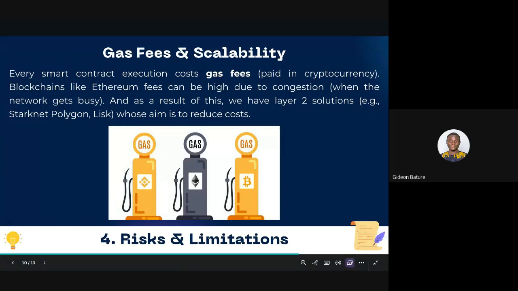All right. So quickly, let's look at gas fee and scalability. Every smart contract execution costs gas fees paid in cryptocurrency. The reason they were specific about paying in cryptocurrency is that if you are running anything on the Ethereum blockchain and you want to transact in Ethereum, the gas fee you'll be paying will be in Ethereum and not in another currency.